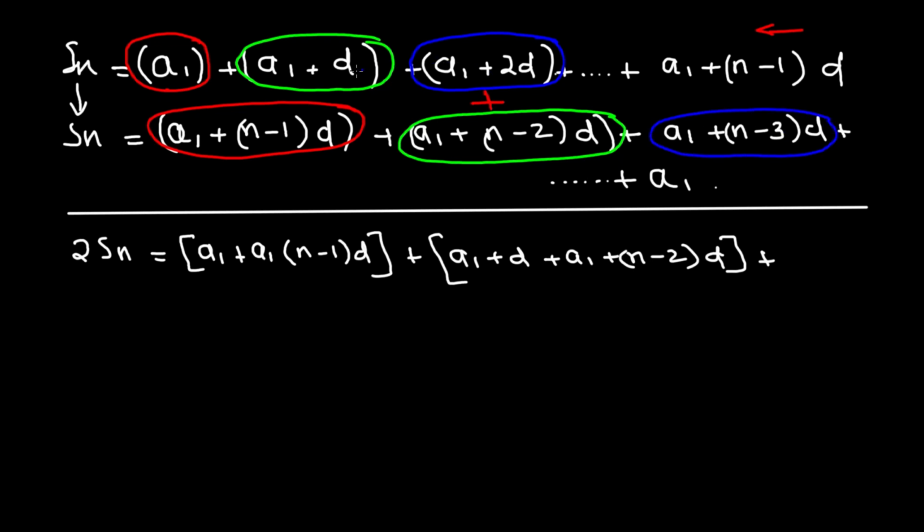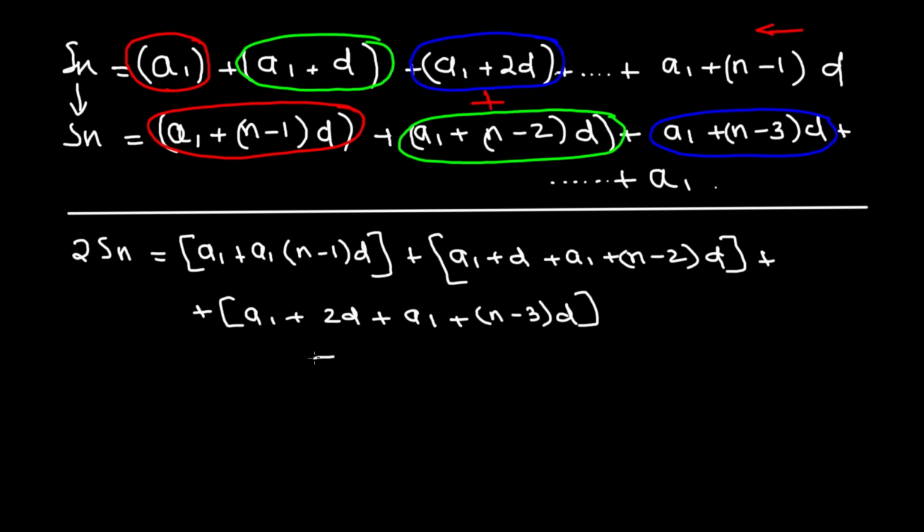So remember, here we are ascending, here we are descending. And so we add those two. Here we're going to say A1 plus 2d, then plus, with the third last, A1 plus n minus 3 d, like that.